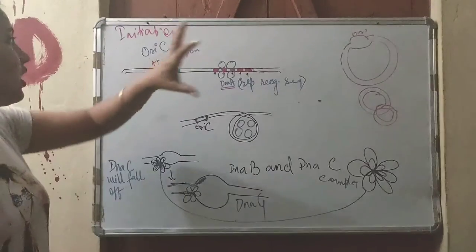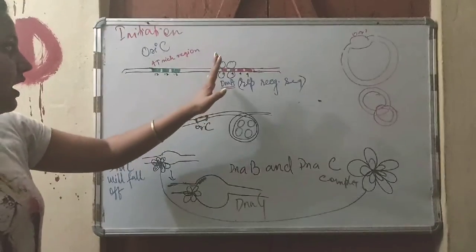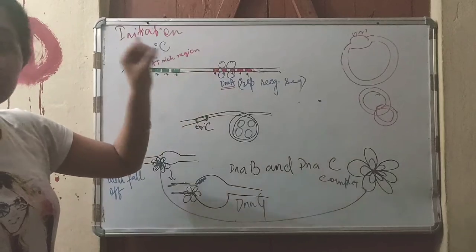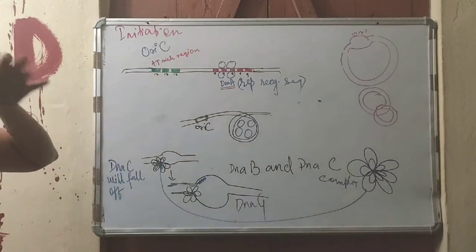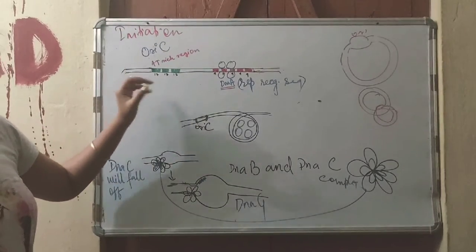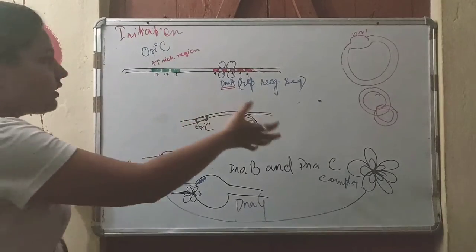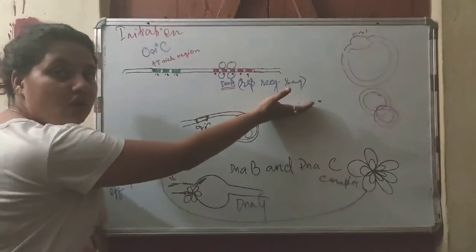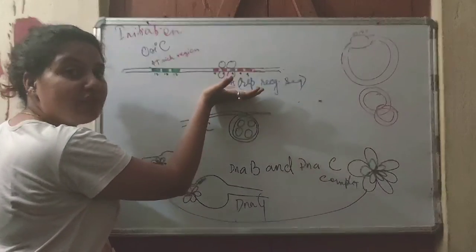Now this was the whole thing. What happens is, first there is a replication recognition sequence which is made up of 9 base pair and 5 repeats of 9 base pair, and then 13 base pair repeats of 3 sequences. In the replication recognition sequence, DnaA will come and bind.